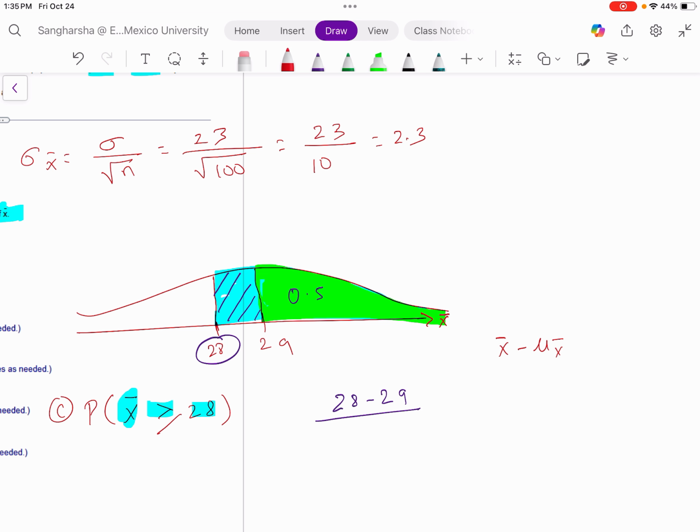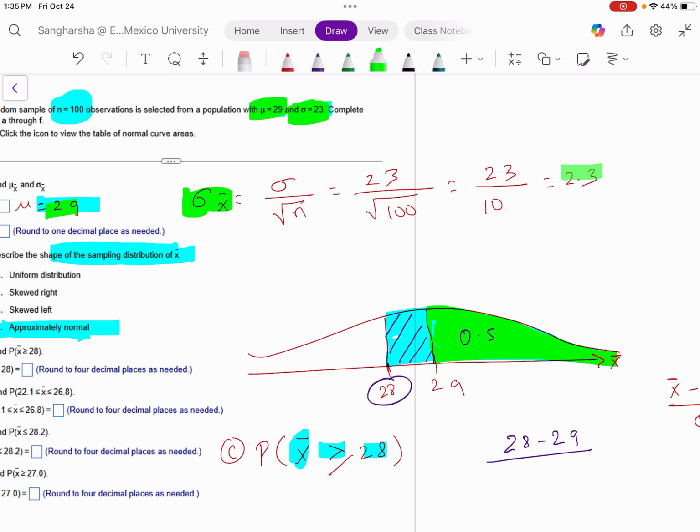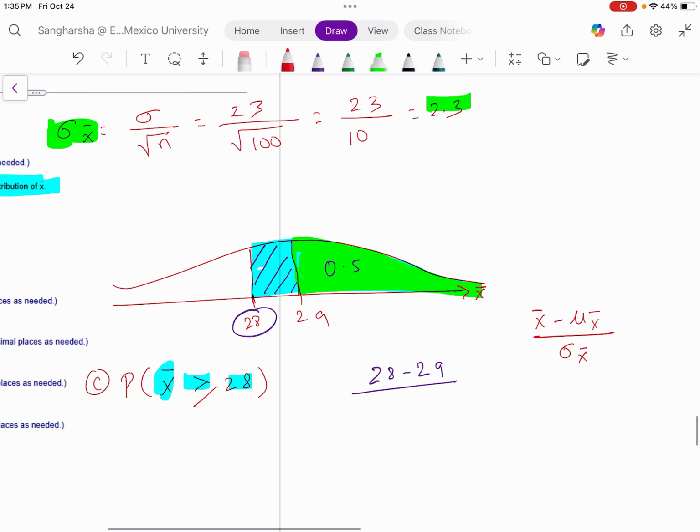Do not use the mu or sigma of the population. You are using mu of x bar, which is 29, and sigma of x bar, which is 2.3.